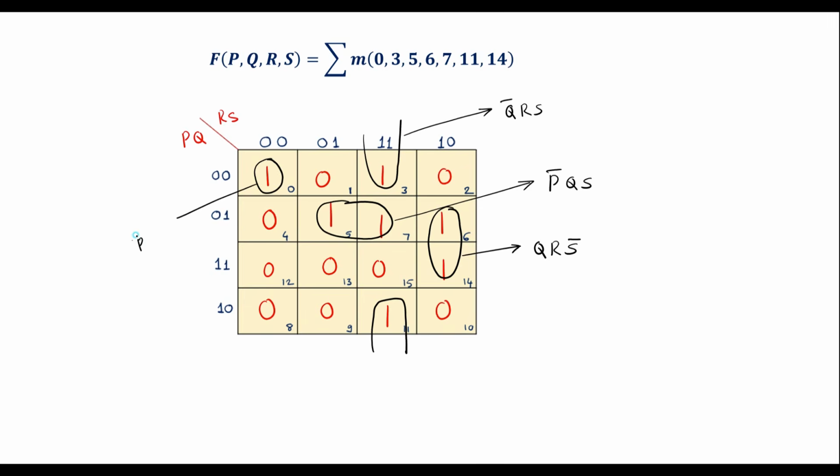So here the simplified expression is F is equal to P bar, Q bar, R bar, S bar, plus Q R S bar plus P bar QS plus Q bar RS.